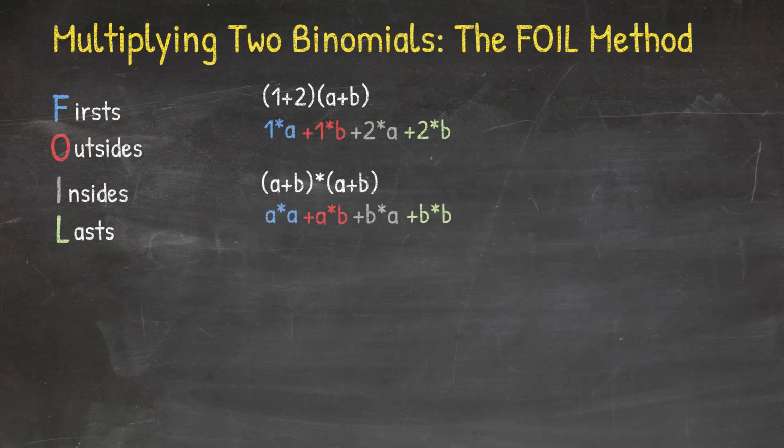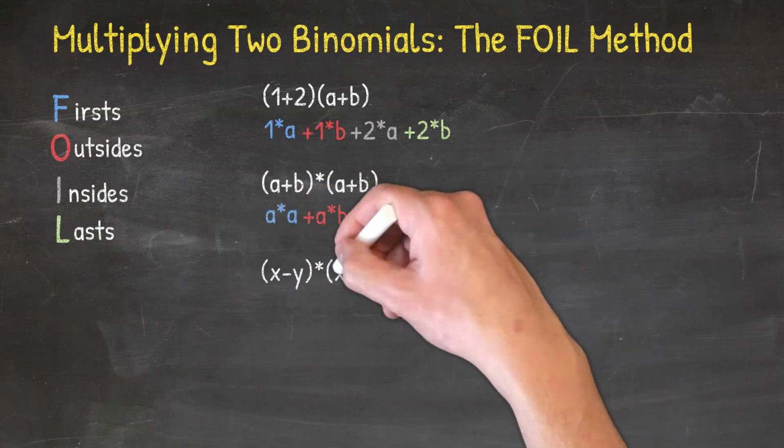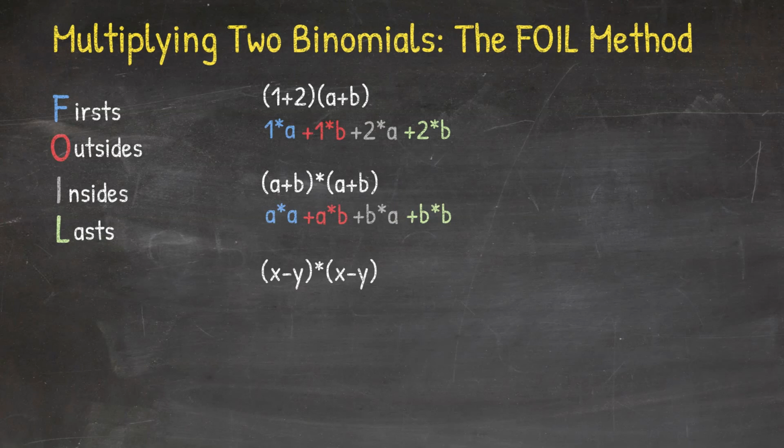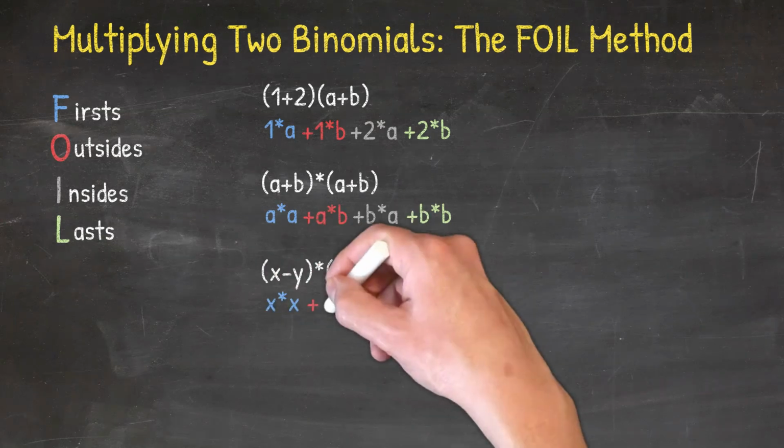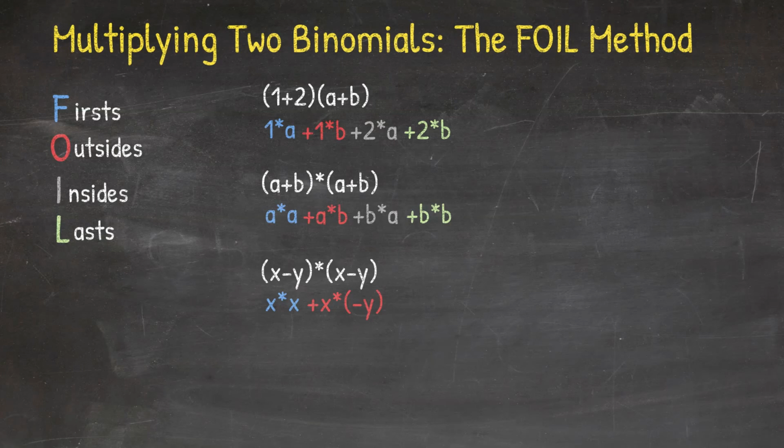And finally, let's look at x minus y times x minus y. The firsts are x times x, outsides x times minus y, insides minus y times x, and lasts minus y times minus y. So this concludes our extended section on multiplying binomials.